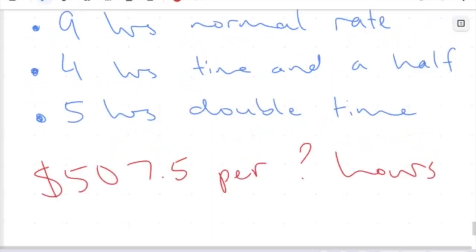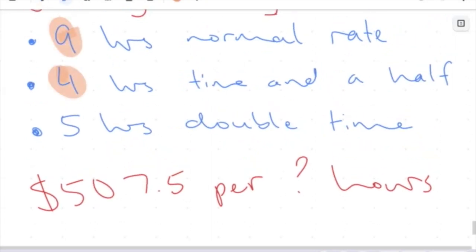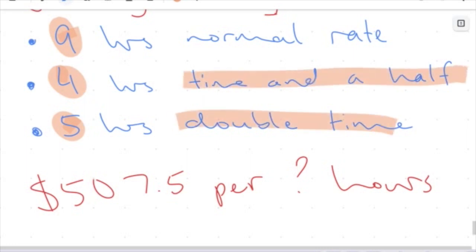So what we want to do here is take these values, but we also need to consider the overtime hours that you're being paid. So the money you're making for 4 hours at time and a half is the equivalent of 4 hours times 1.5. So we're finding 1.5 lots of these 4 hours, and for your 5 hours, it's like you worked double that, so in this case, it's going to be 10 hours.